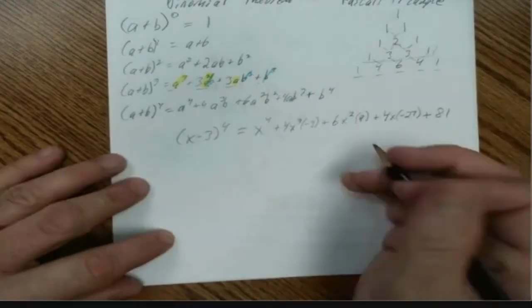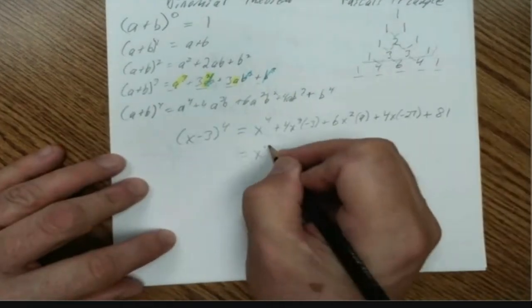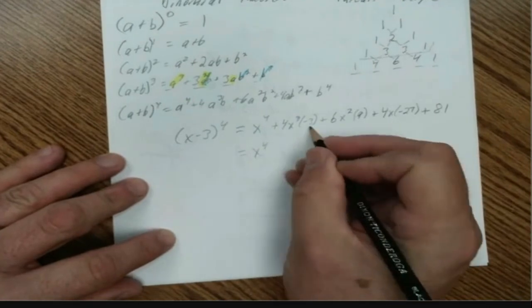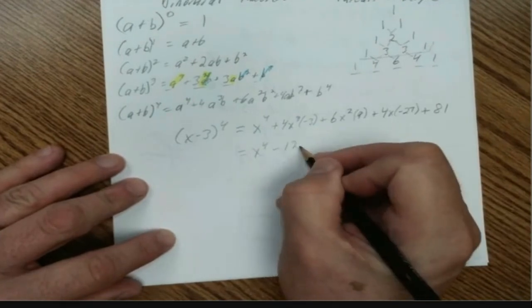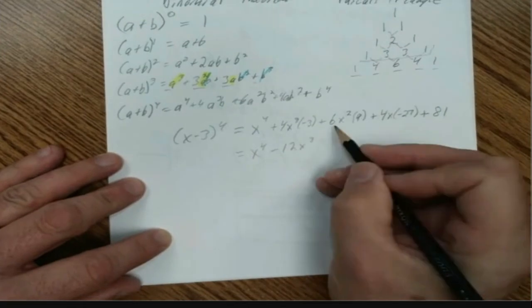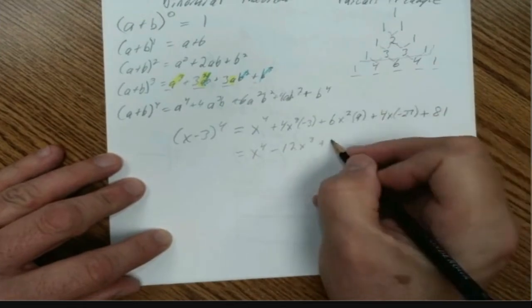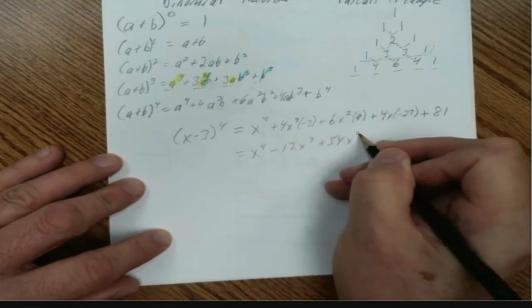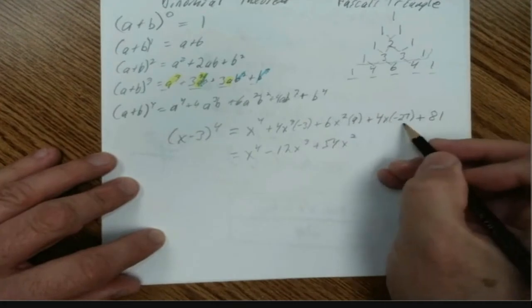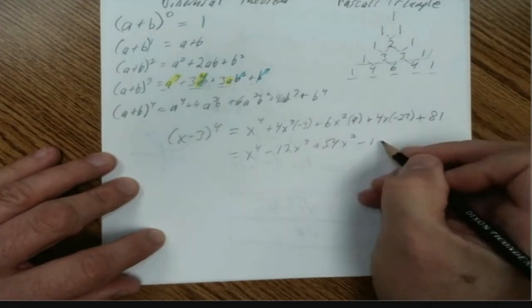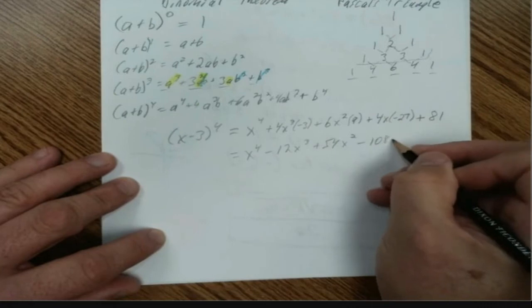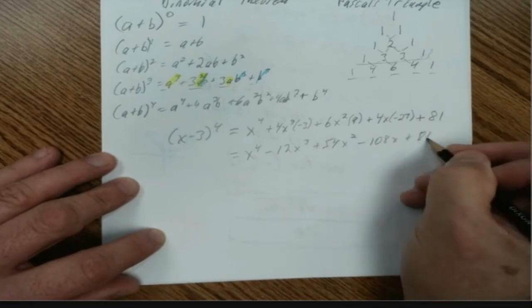We can simplify this. So it'd be x to the fourth, 4 times a negative 3, negative 12x to the third, 6 times 9, plus 54x squared, 27 times 4, minus 108x, plus 81.